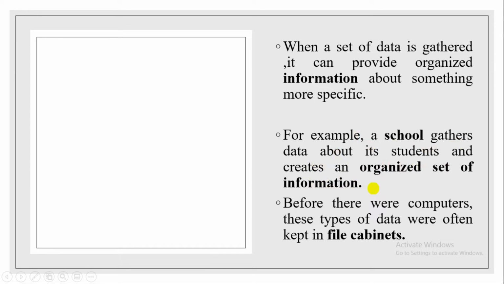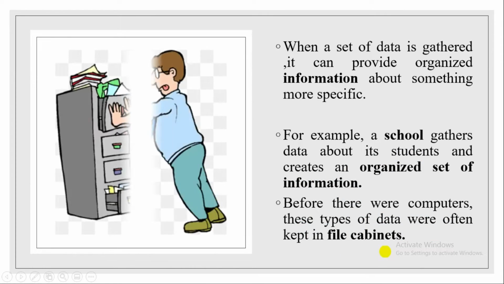We all know that schools gather information about students, like what your parents' names are, what your parents do, what your phone number is. Before there were computers, these types of data were often kept in file cabinets.